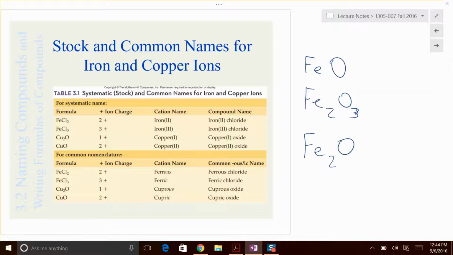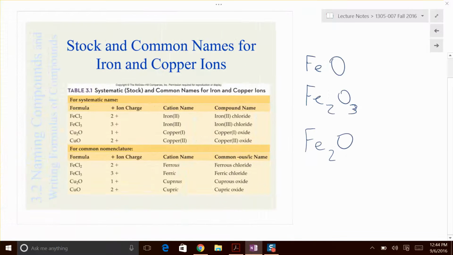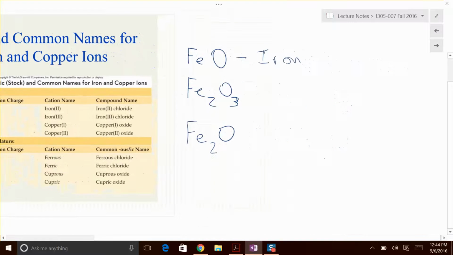So, what are the names of these 3 iron oxide compounds? What's the name of the first one? Good. This one is iron 2 oxide.